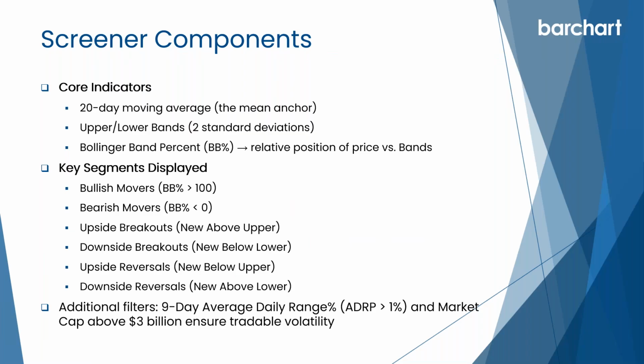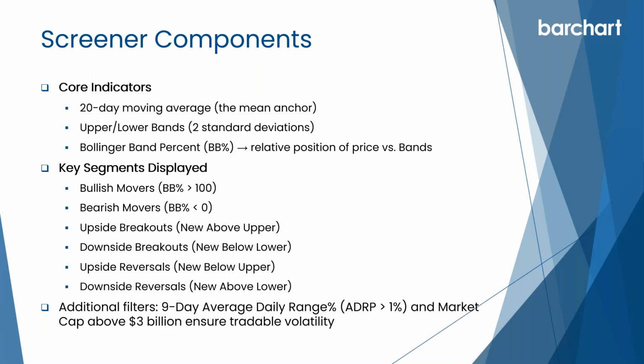Now the page is divided into 6 segments or categories. Bullish movers are stocks that are above the upper band. Bearish movers are those below the lower band. Upside breakouts are above the upper band as of today.